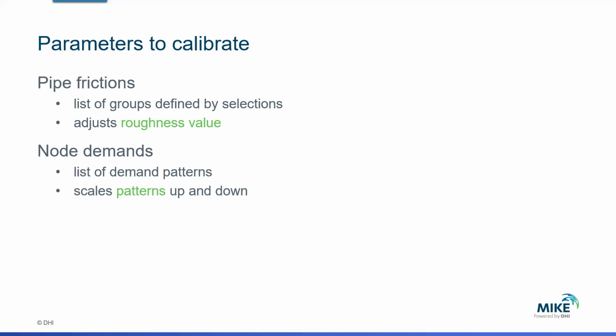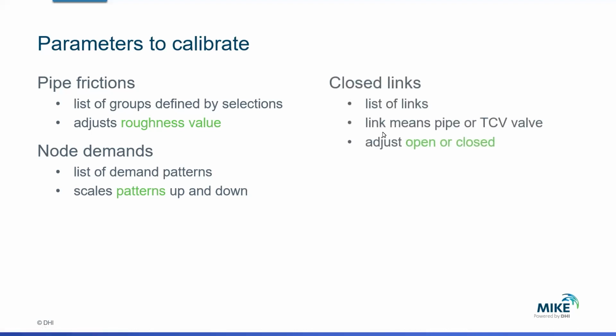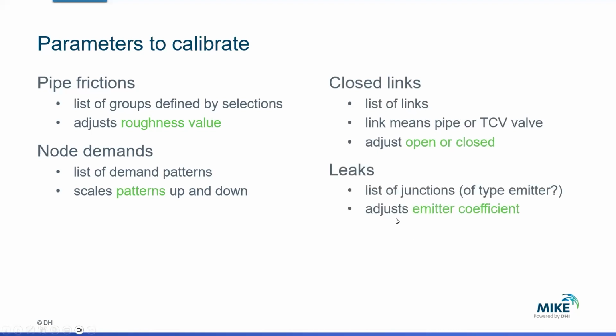If you have several, well, then you can choose which patterns to scale. We can also use links, open and close them, either pipes or type of valve. And finally, adjusting leaks is also possible. This affects junctions, and it adjusts the emitter coefficient of these junctions.